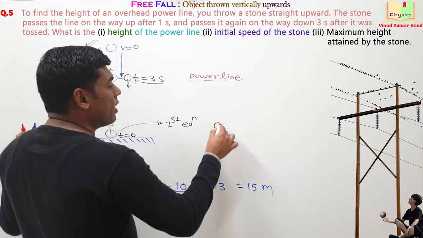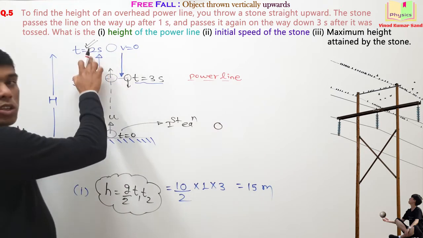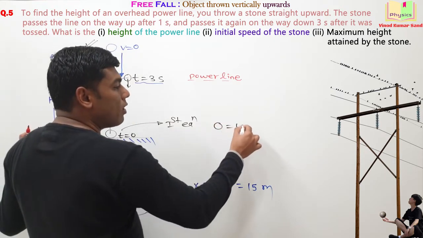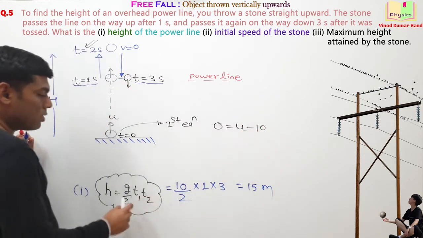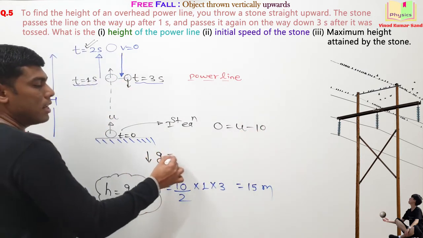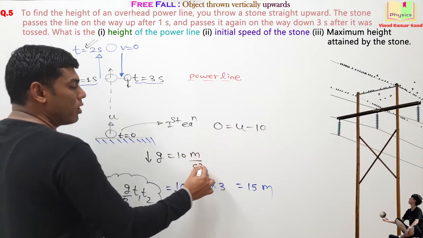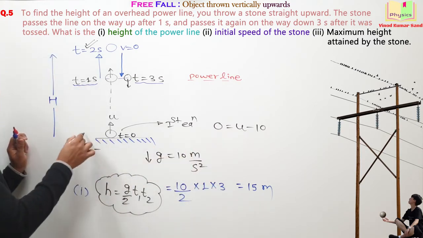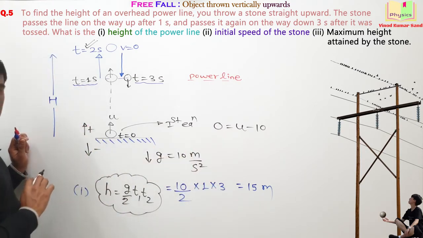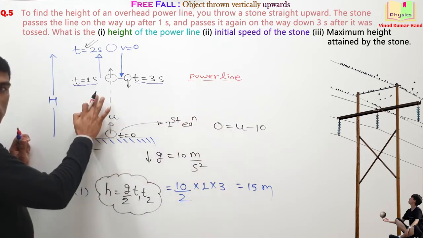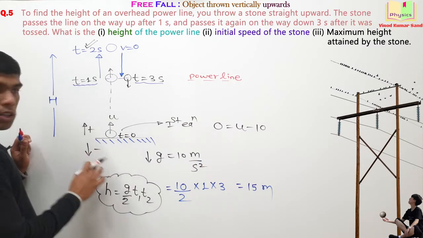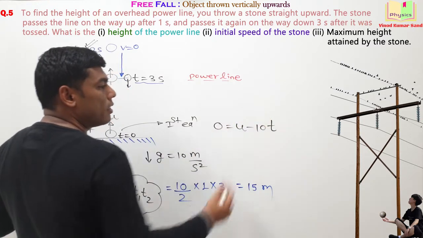So final velocity will become 0 at t is equal to 2 seconds. Initial velocity is unknown. Acceleration due to gravity has been taken as 10 meter per second square, and for calculation purpose we are taking the downward direction as negative and upward as positive. That's why u has the positive sign because it is in upward direction, and the g is placed with the negative sign, and then t.